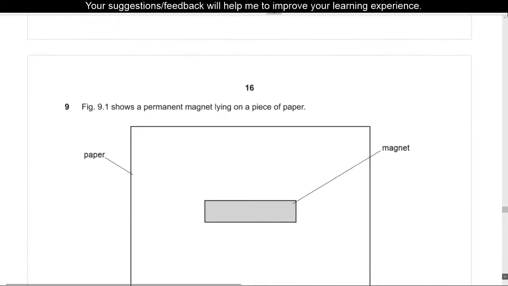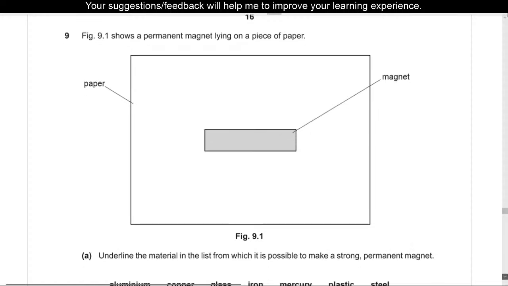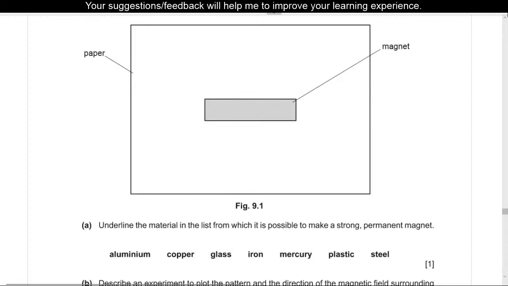Question number 9. Figure shows a permanent magnet lying on a piece of paper. Underline the material in the list from which it is possible to make a strong permanent magnet.